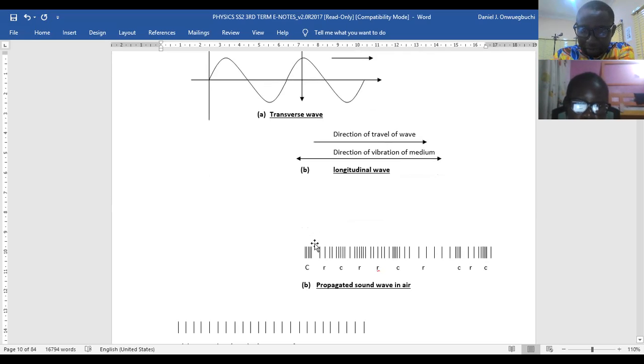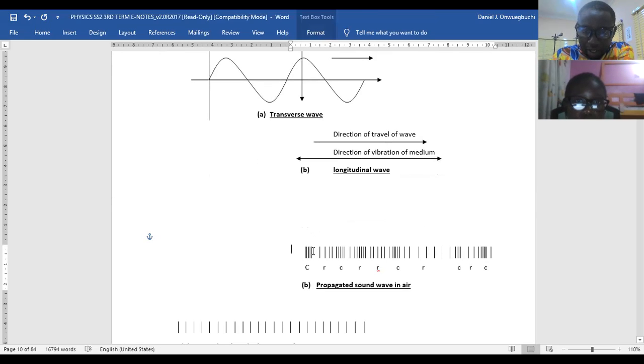You see these lines that join themselves together; they are called compressions. But the ones that are spaced out are called, let me see if I can write them out.